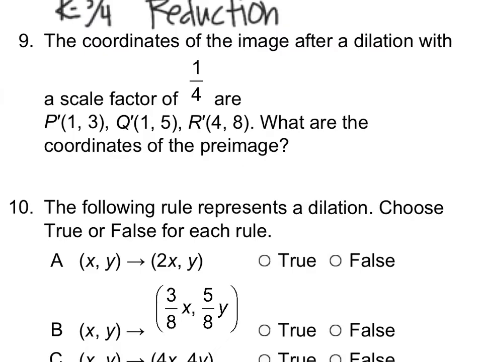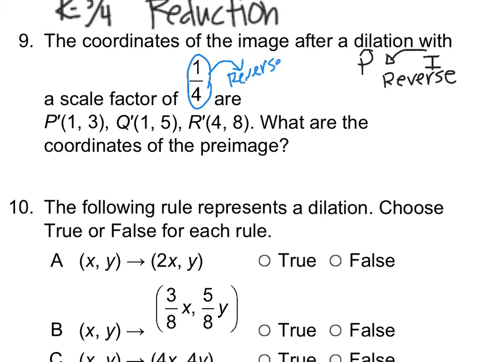On problem number 9, they're giving you the coordinates of the image, which happens after. But we need to come back to the pre-image. So that means we need to reverse what we are doing. So if you look, the scale factor is 1/4. But if you reverse that, then we would do a reciprocal.